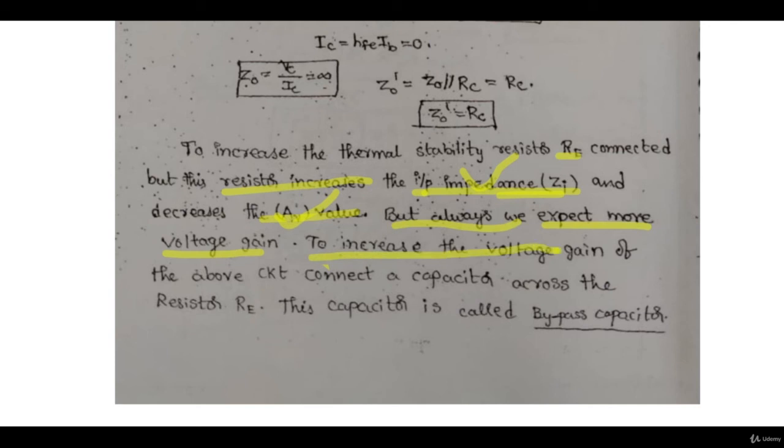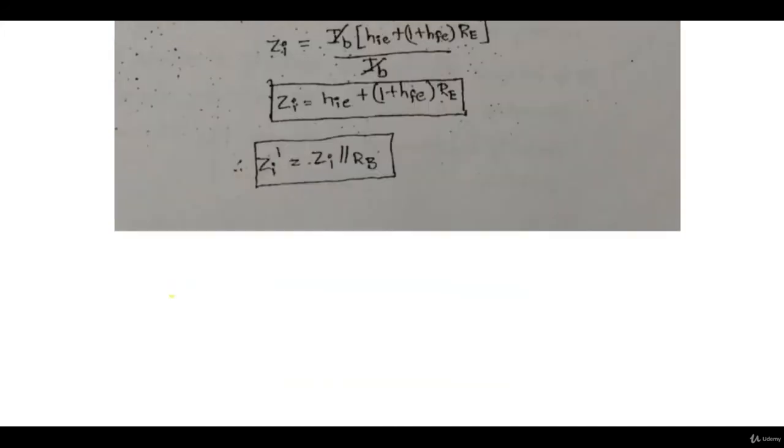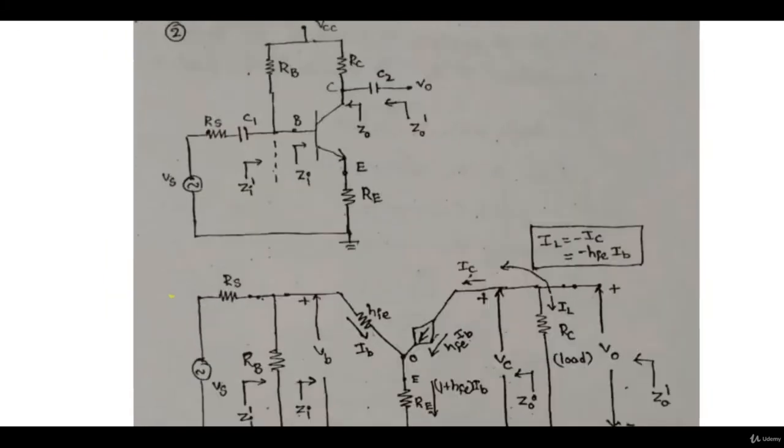To increase the voltage gain of the above circuit, connect a capacitor across the resistance RE. This capacitance is called the bypass capacitor. Since we are not having enough gain, what we will do is put, between emitter and ground, a capacitor in parallel with RE, so that during AC analysis it will be short and during DC analysis it will be open.